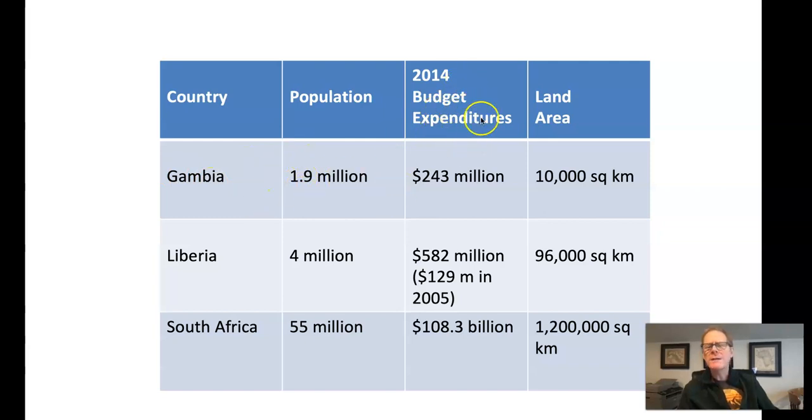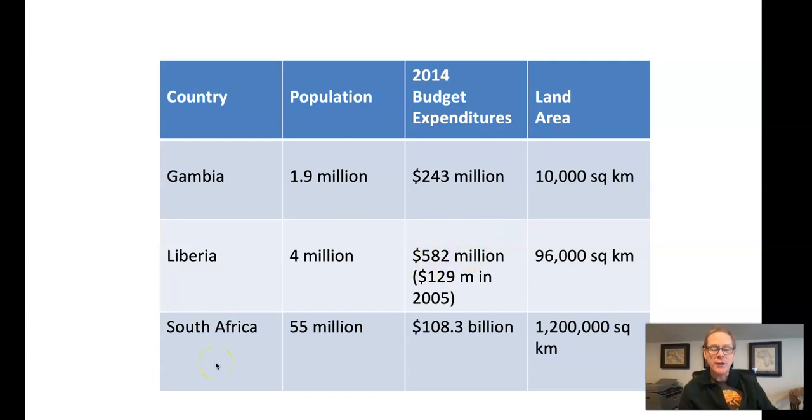I got 2014. Oh, because it was the only budget I could get. All right. So you got a population of 1.9 million people. 2014 budget expenditures of 243 million. Land area about 10,000 square kilometers. Compare that with Liberia, about twice the size, at least by population, 4 million people, and roughly double the budget. About what you'd expect, right?